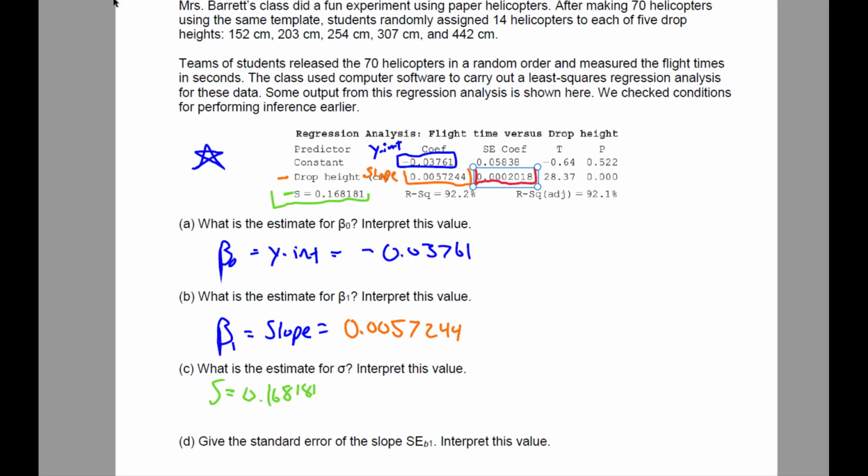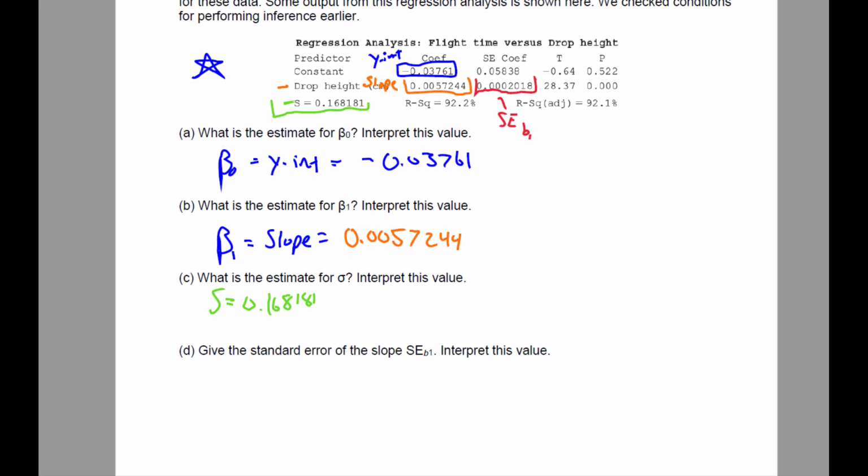So this is the standard error of your slope, okay? So let's scroll down a little bit here. The standard error of the slope is going to equal 0.000218, okay?